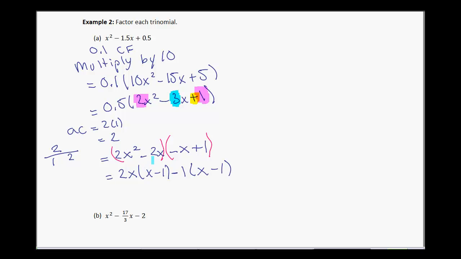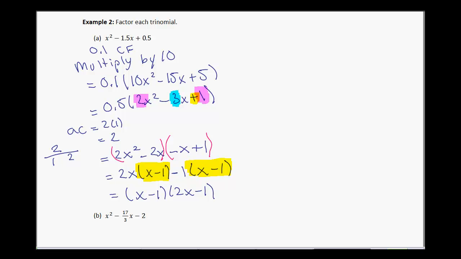Now this is exactly what we wanted to have, because we wanted our two binomials here to match up. If they did, that shows that we did our work correctly, and now we have two factors of our x minus 1 and what's left over, which is our 2x minus 1. And there we have successfully factored the trinomial that we were given.